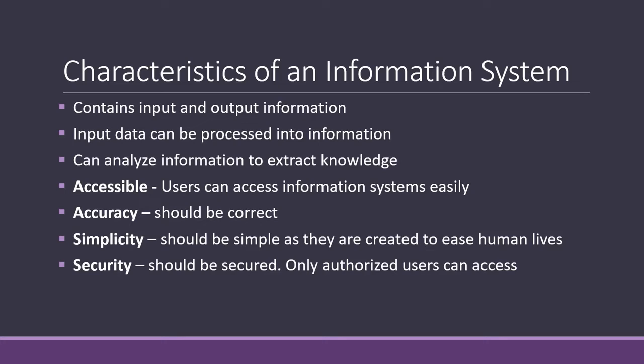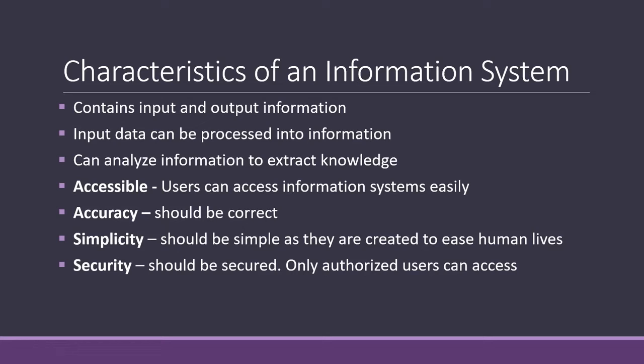The information system should be accessible, accurate, simple, and secured. Accessible means users can access the information system easily, without any delay, without any confusion. Anybody who uses the system should be able to access it.